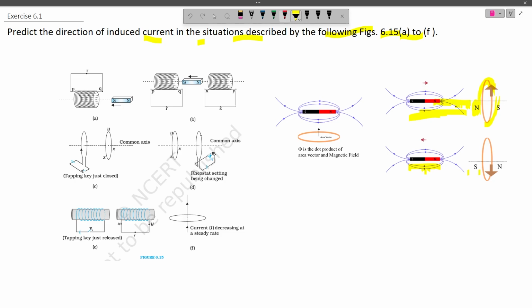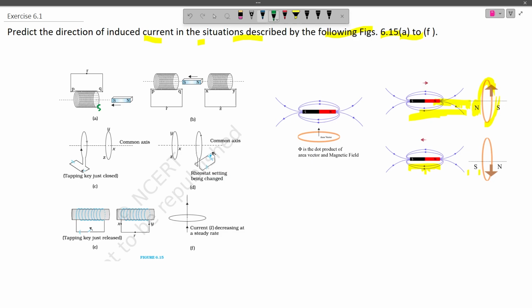In the first diagram we see that the south pole of the magnet is approaching the Q side of the circuit. Since the south pole is coming near, the induced current will be such that a south pole is created over here momentarily, so that the movement of the bar magnet is opposed.